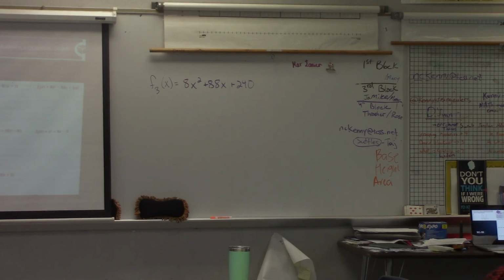Any ideas? No ideas? I mean, does it still have the same concavity? Yes. Does it still have the same y-intercept? Yes. Are there any other features that are not immediately visible, though, that we might want to check in this case?